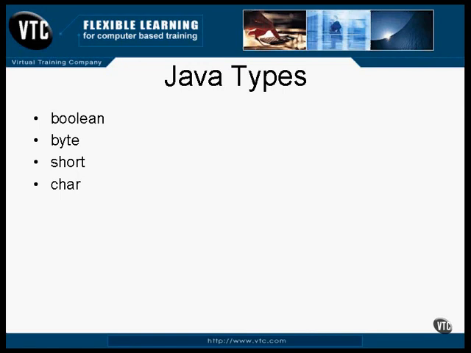I have some more information on Unicode in an upcoming movie. The int is a 32-bit signed integer. The long, a 64-bit signed integer. Floating point numbers are either floats or doubles. Doubles are twice the size of floats and have a larger degree of accuracy.